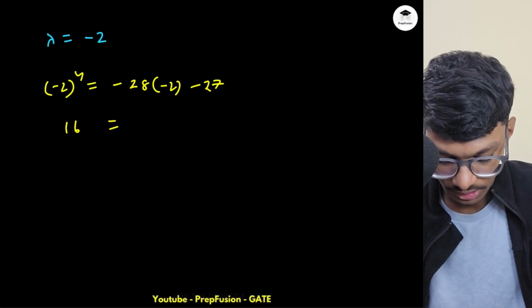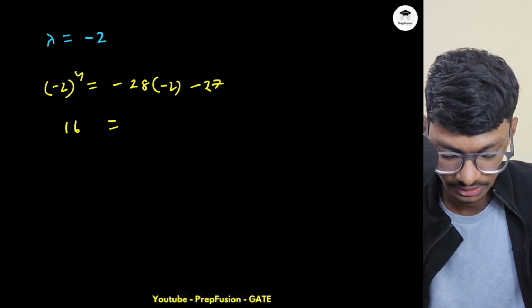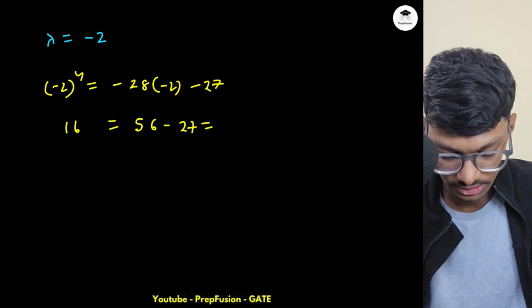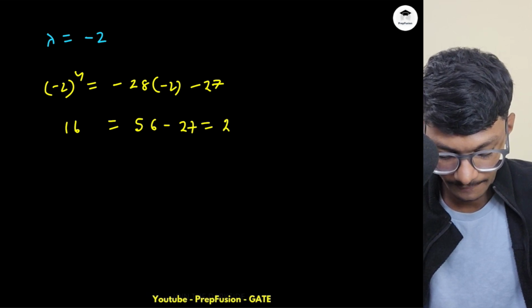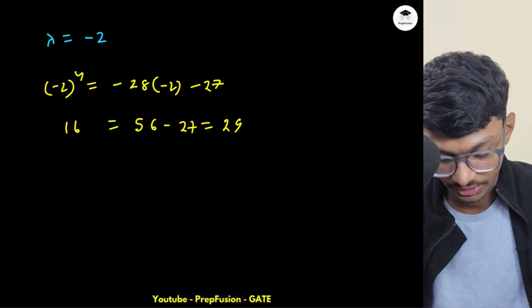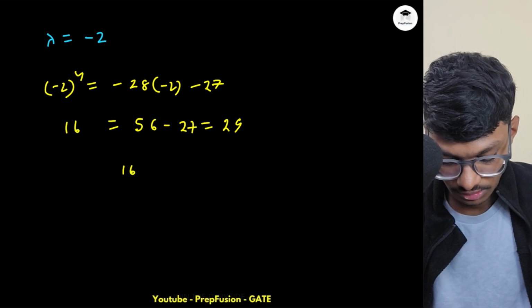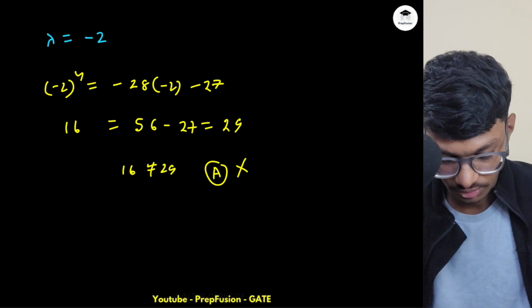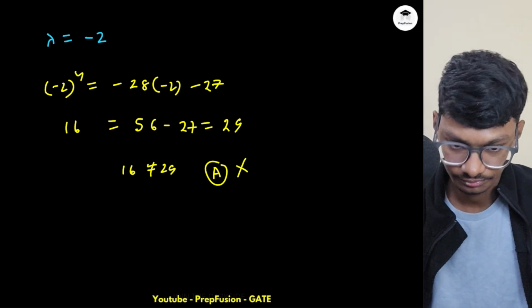This is 16, and this is something else. This is 56 minus 27, so this is 29. So which is not equal. 16 is not equal to 29. So option A is eliminated.